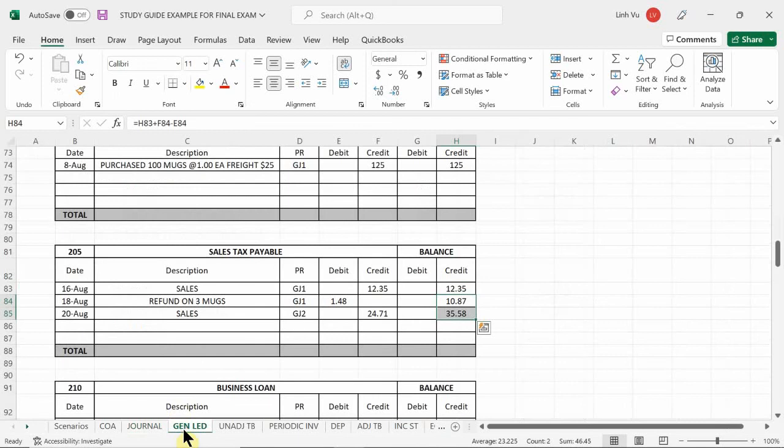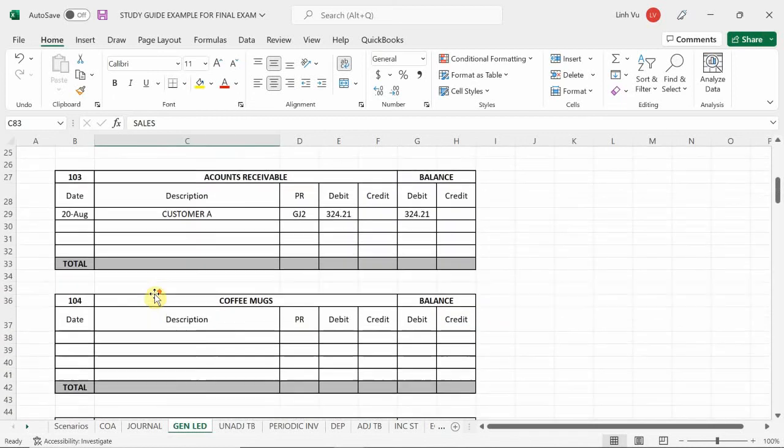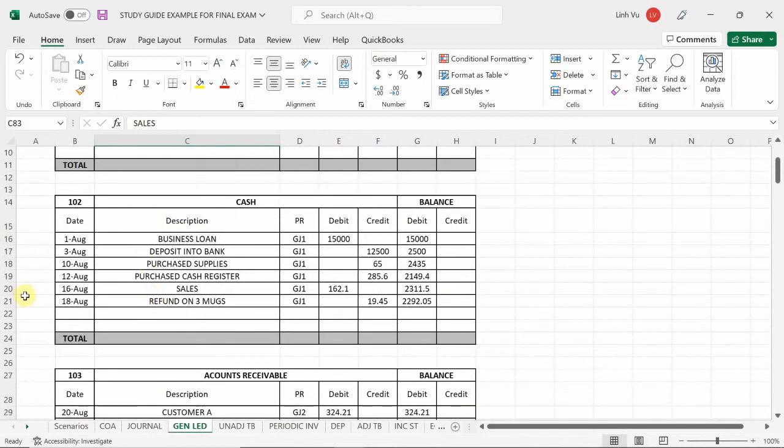So go to your ledger. We received cash first, for sales. And we received 64.84.